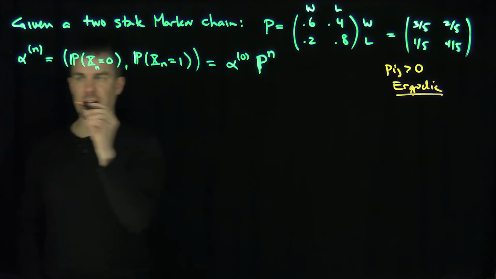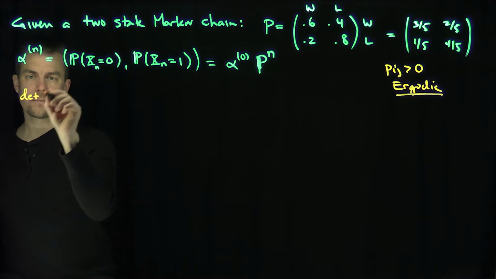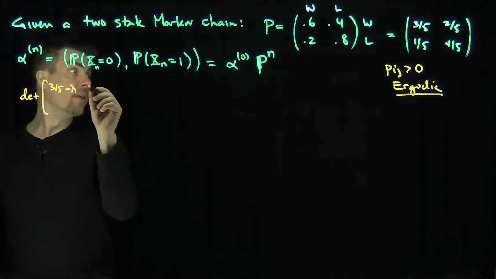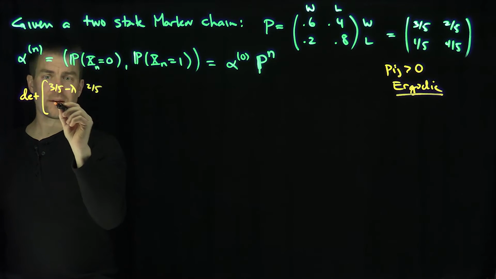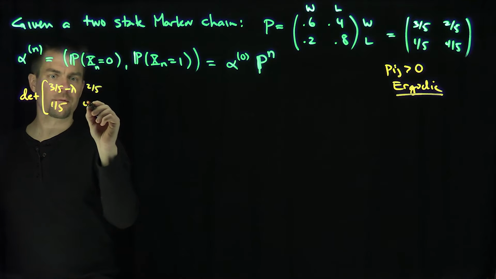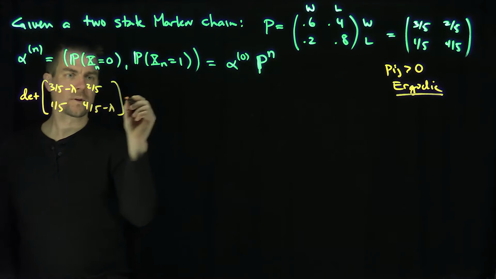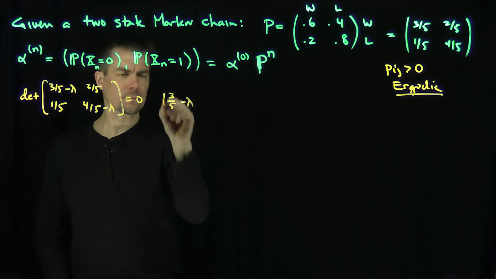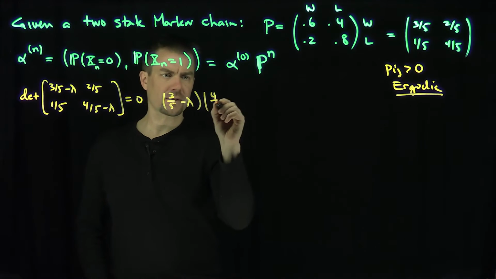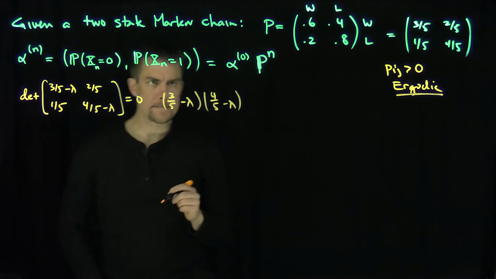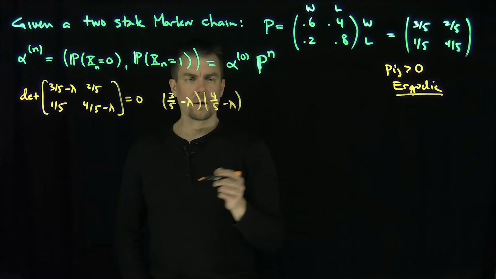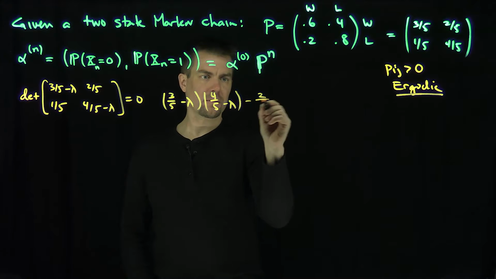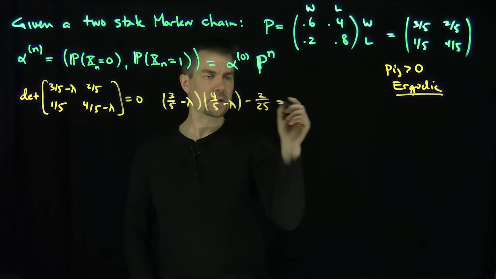So what's the eigenvalue equation? The eigenvalue equation is the determinant of 3/5 minus lambda, 2/5, 1/5, and 4/5 minus lambda, equals 0, where I subtract lambda from the main diagonal. So this is (3/5 minus lambda) times (4/5 minus lambda), and then minus 2/25 equals 0.